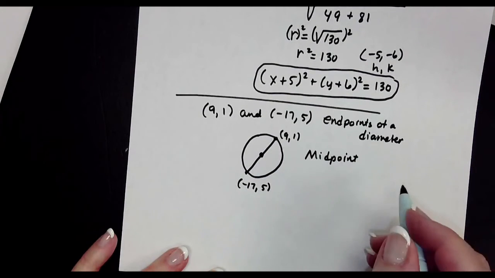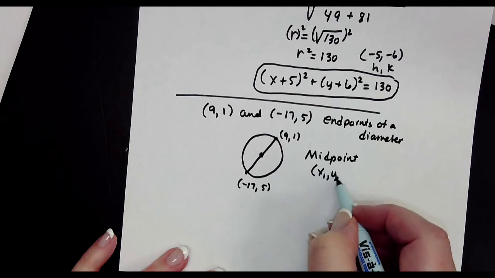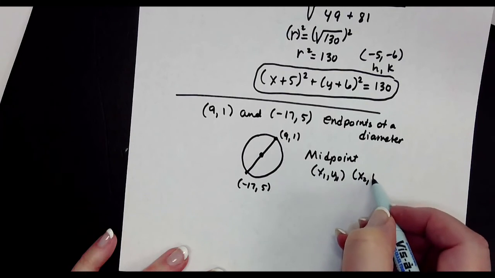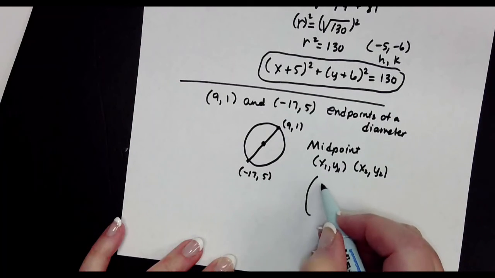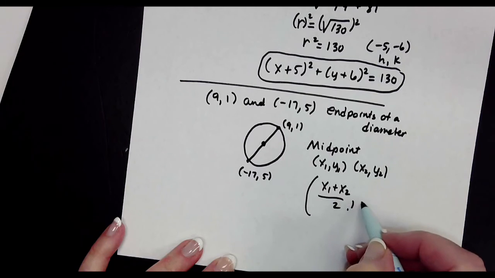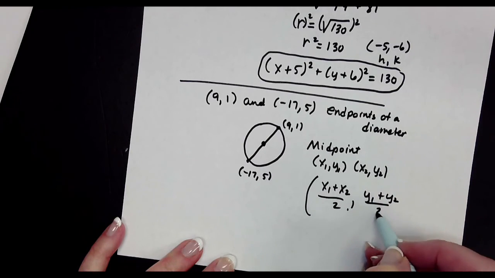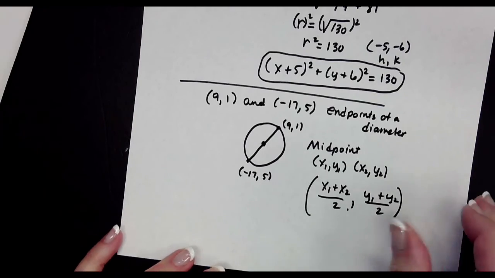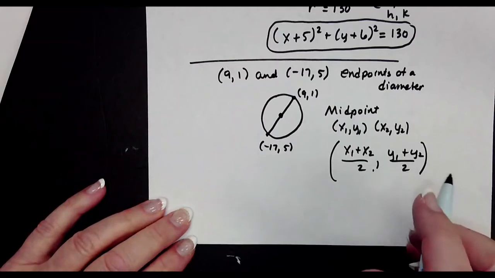The midpoint between 2 points, x sub 1, y sub 1, x sub 2, y sub 2, is found by taking x sub 1 plus x sub 2 divided by 2, and y sub 1 plus y sub 2 divided by 2. So that's what we're going to do first, is we're going to find our midpoint, our center.